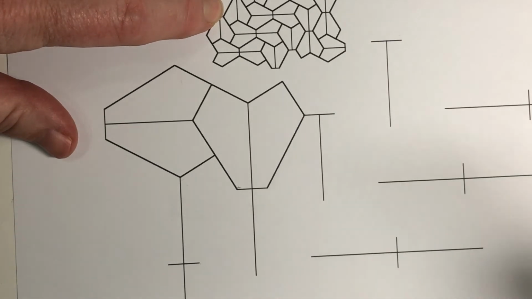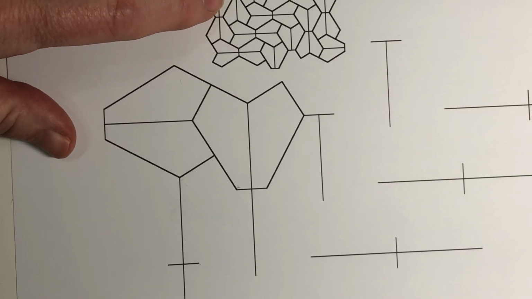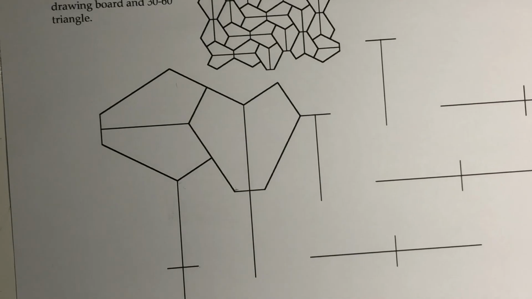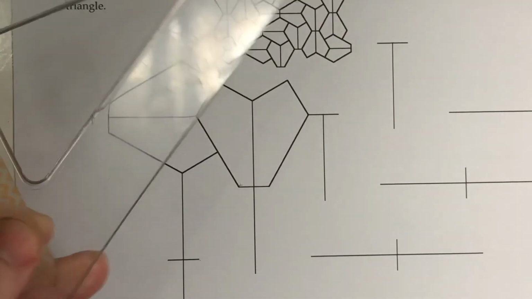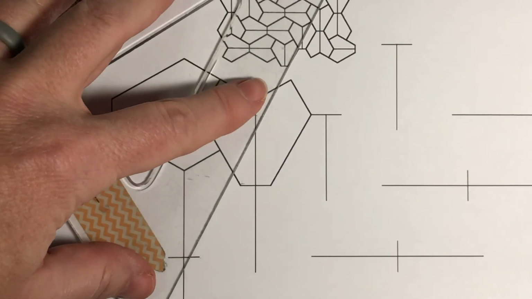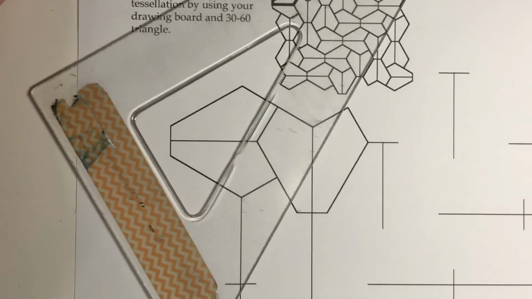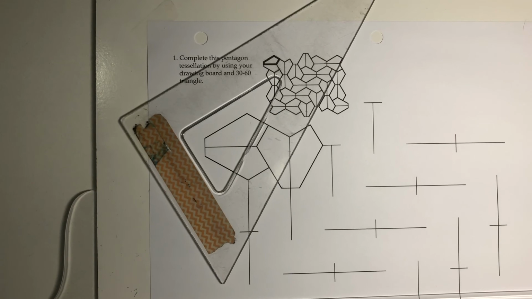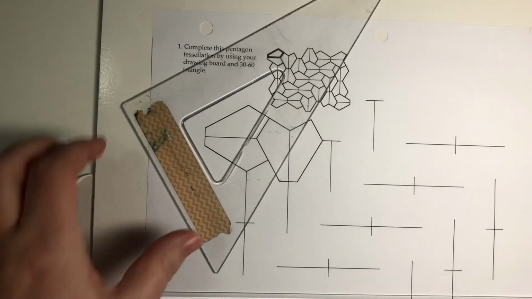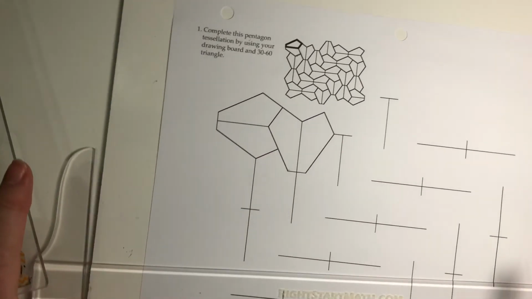Now we're going to use our triangle. It's not just about putting a triangle on here and connecting it. So we want to actually use the T-square and find the correct angle on the triangle.